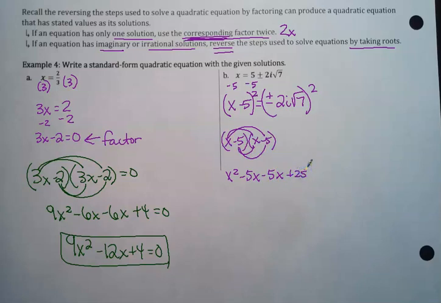Then we need to square this side over here. So we have 2i times the square root of 7 times 2i times the square root of 7. Writing it out might be more confusing, because it's not a binomial, it's just a monomial.